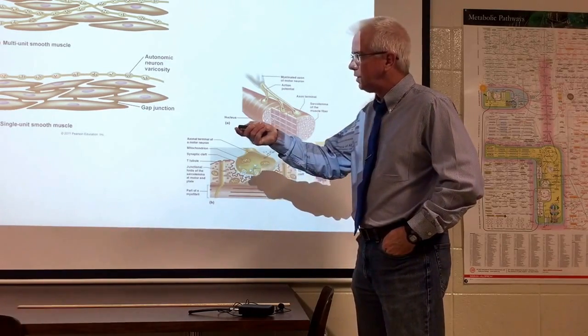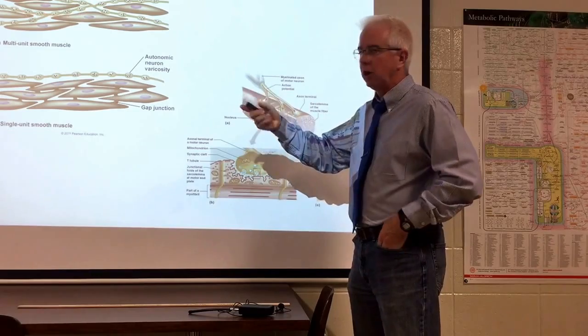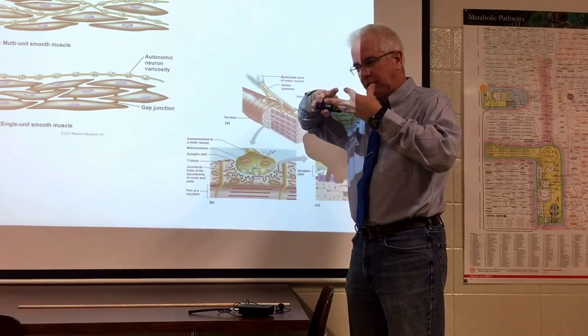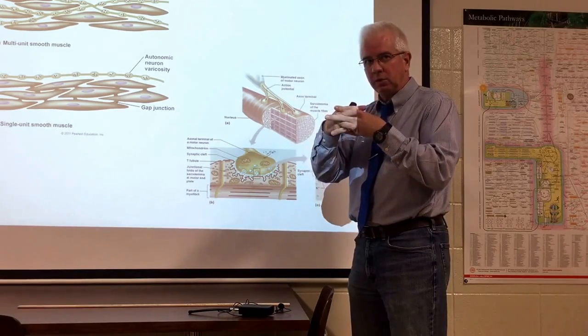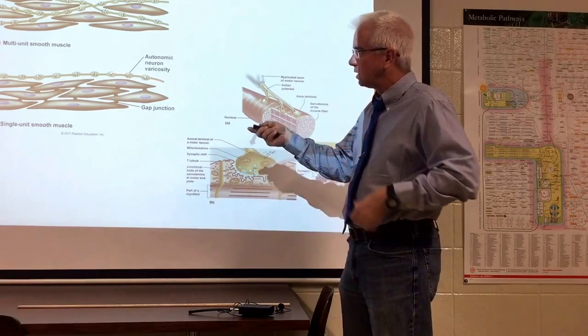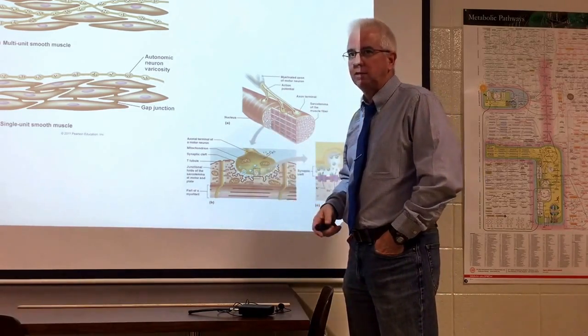So can you guys see that in this anatomy? How the autonomic fibers, the varicosity system, interlaces within the multi-unit smooth muscle, and then they just lie along the top of these sheets?